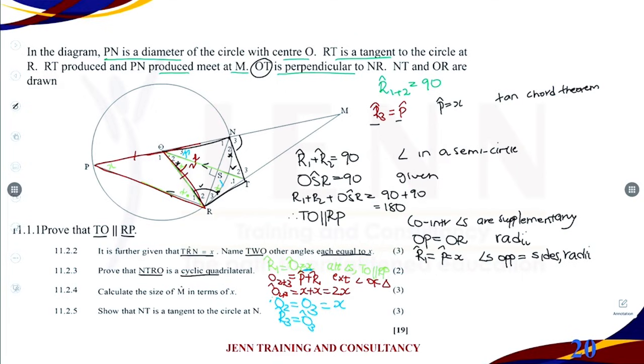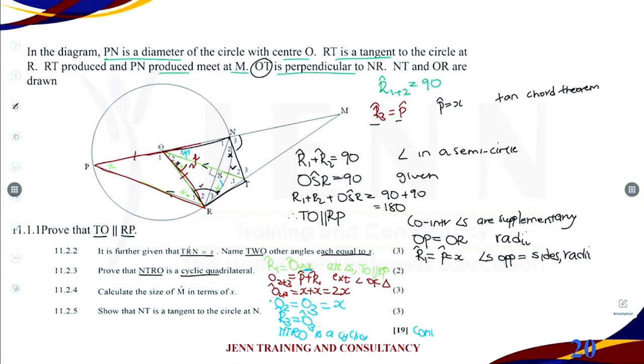Yes. Now that R3 is equal to O3, therefore NTRO is a cyclic quad. And the reason for that is the converse of angles in the same segment.